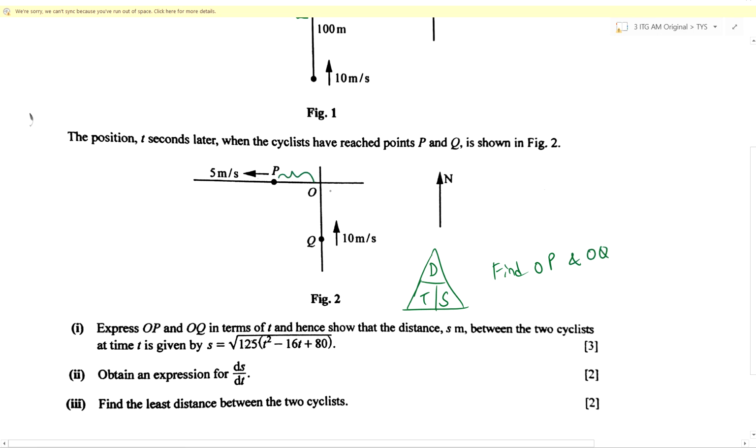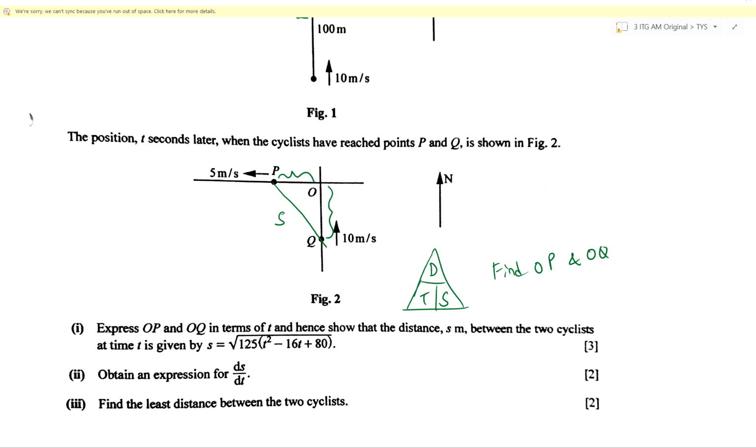Once you have an expression for these two, then the distance of PQ, which is S, is found by using Pythagoras theorem. That's where they get a square root from. So once we have the expression for S, we can differentiate. Even if you didn't manage to prove part 1, you can differentiate the expression over here by yourself easily.